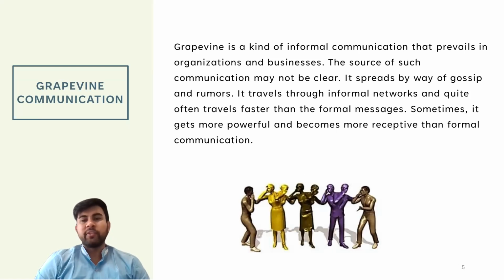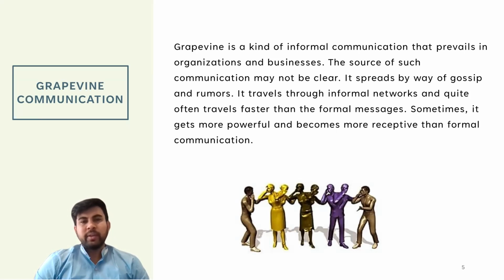Grapevine communication is a kind of informal communication that prevails in an organization. The source of such communication may not be clear, so it is like backbiting, then some nuances that are created in the organization and have been added in different ways to create a rumor about something.